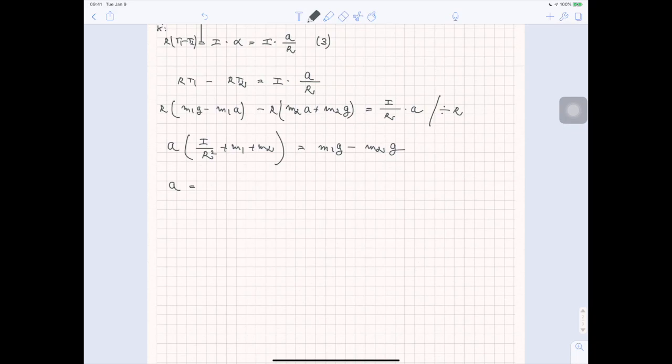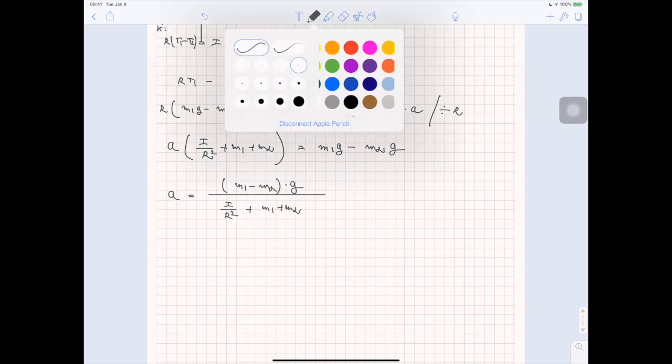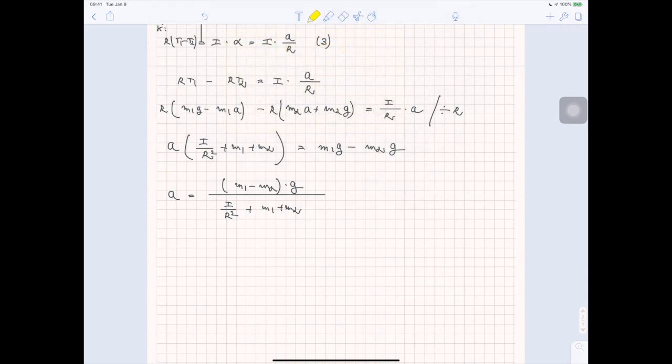A equals (M1 minus M2) times G divided by (I over R squared plus M1 plus M2). All right, so this here is now the solution for the acceleration.